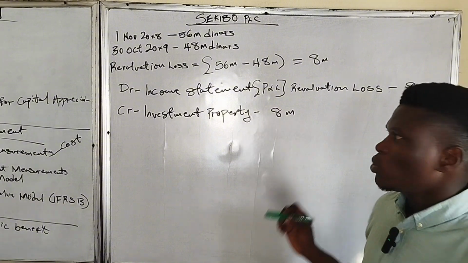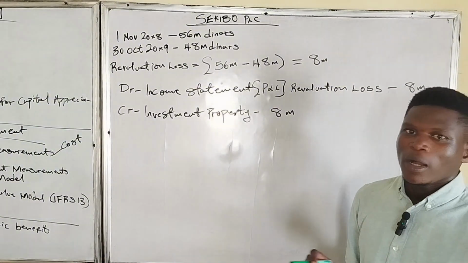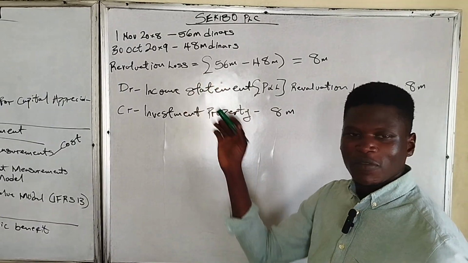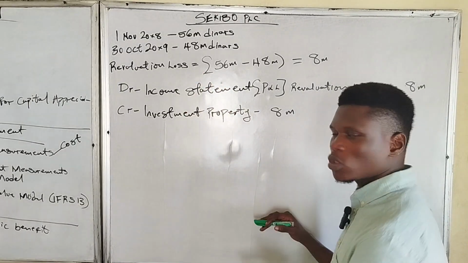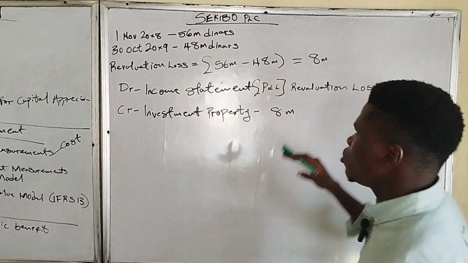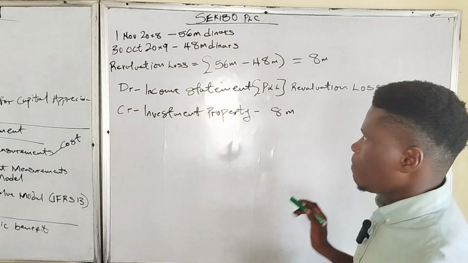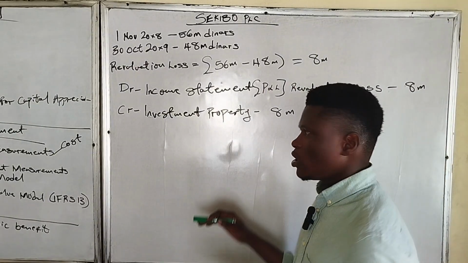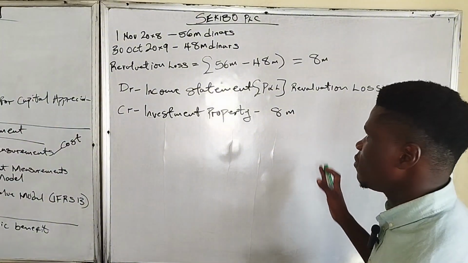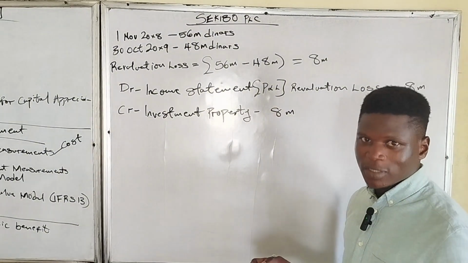So, disclosure requirements, we've also talked about that the company must state their models for measuring investment property. Either it is cost model or it's fair value model. And if it is cost model, we say you must state your method of depreciating your asset. And also if it is using fair value model, you must state the fair value at the end of that particular period of that asset.